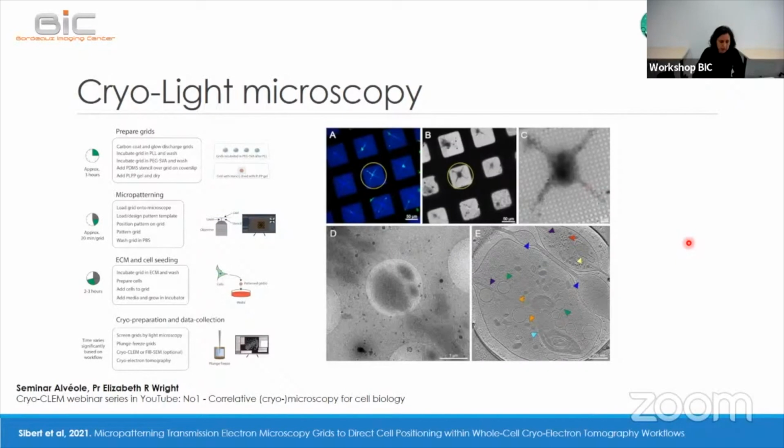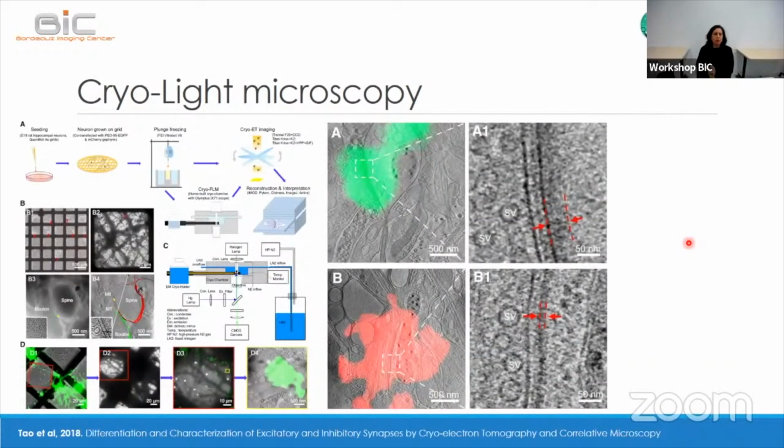Then I wanted to show you also this work that combined wide field microscopy with a really high resolution microscope, using the same approach. They plate the neurons in grids and transfect them with different markers for excitatory and inhibitory synapses, as you can see here in green and in red.